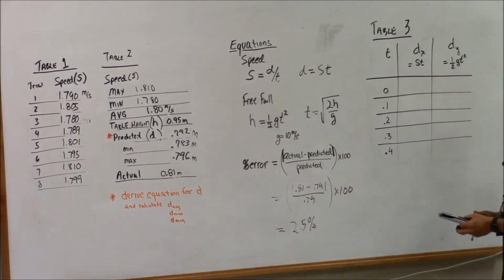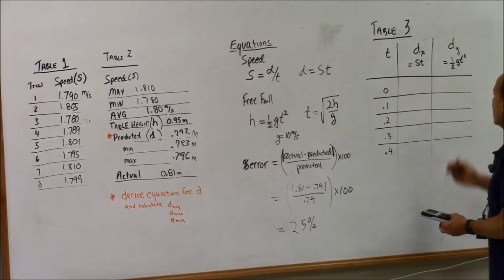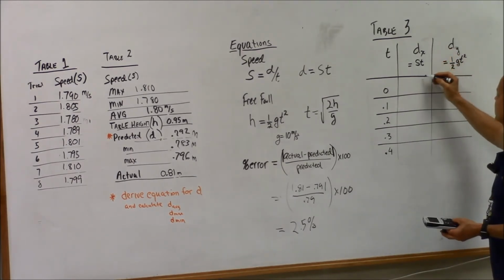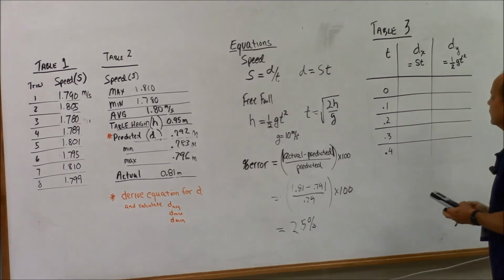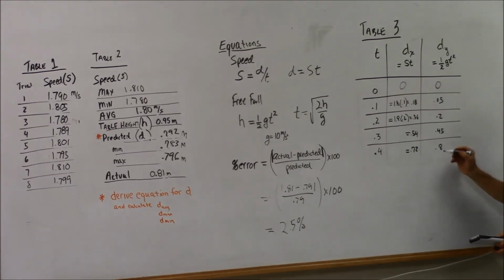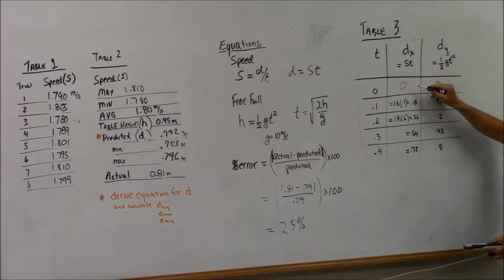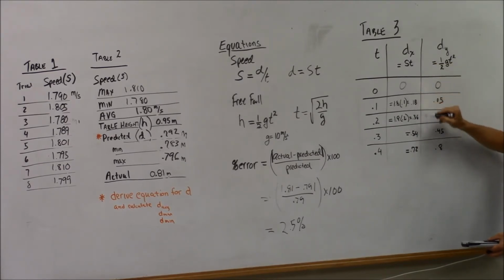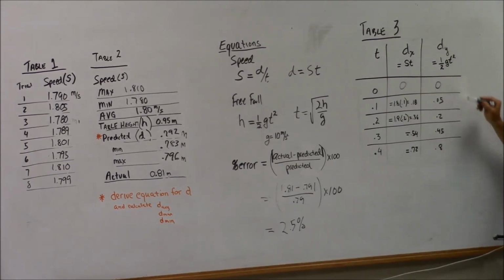And now I'm going to complete table 3. Here I'm just using these formulas and plugging in these values of t. Okay, having completed this table, I've got, for dx, 0, 0.18, 0.36, 0.54, and 0.72. For dy, I've got 0, 0.05, 0.2, 0.45, and 0.8.